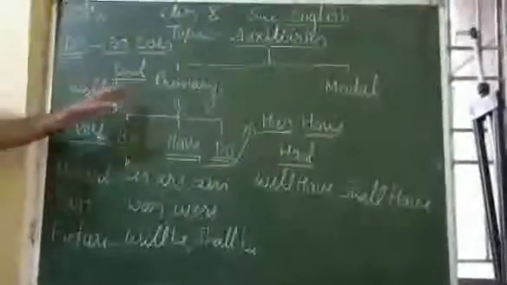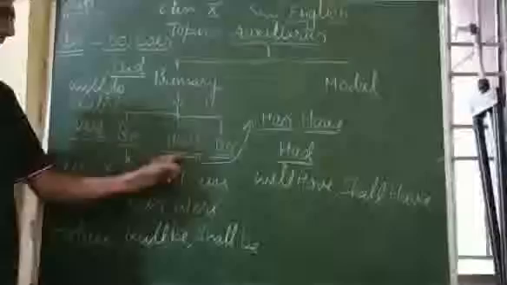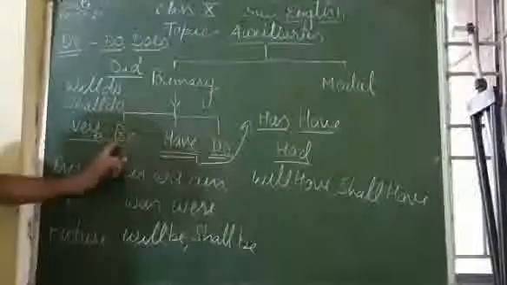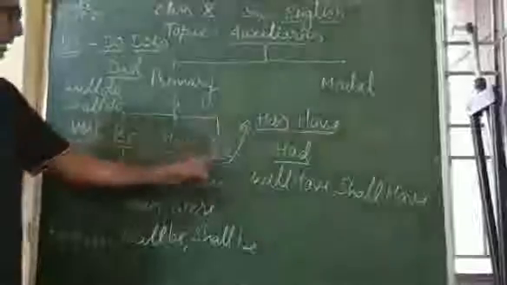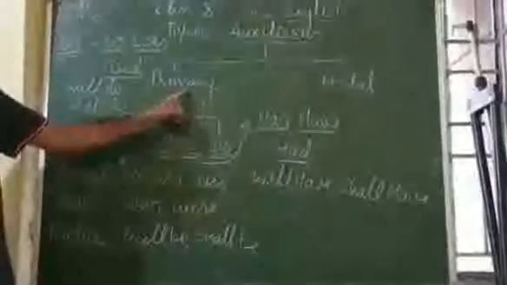So these are the forms of verb be, verb have, and verb do. And these three are the primary auxiliaries.